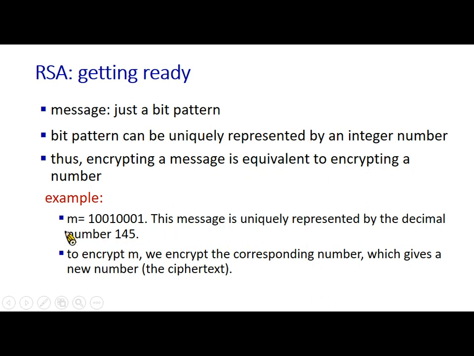For example, the message M is uniquely represented by a decimal number, say 145. We apply the encryption to the corresponding number, which gives a new number. That's the ciphertext.